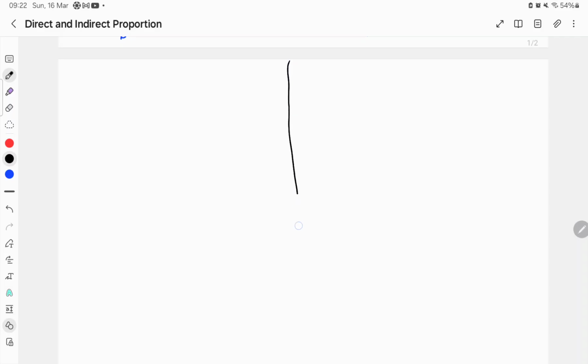I'm going to underline here. One part is for direct, one part is for inverse.